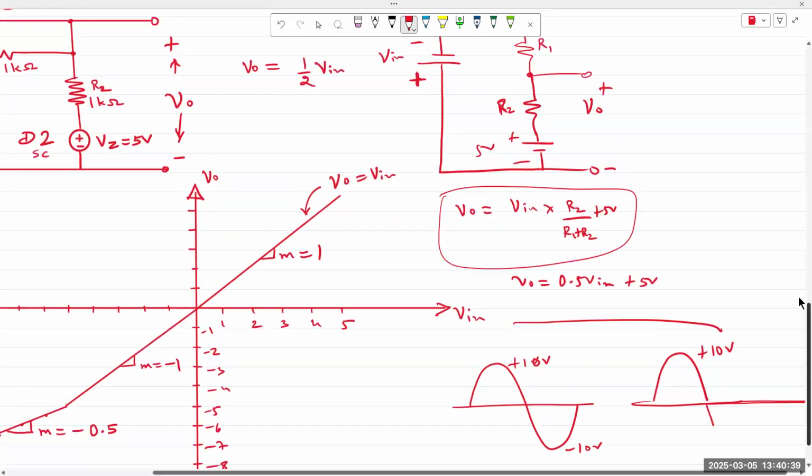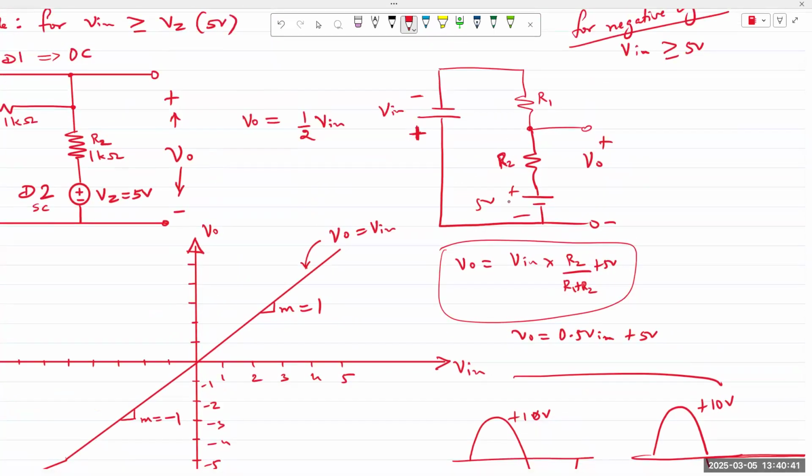So the question being asked is, shouldn't the polarity of this Zener voltage be flipped? That depends on whether you're looking at just the diode voltage or the Zener voltage. A Zener diode is always used in reverse bias. So if we take just the diode voltage, then yes, this would be plus, this would be minus.